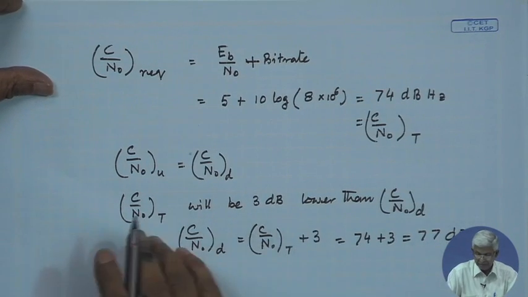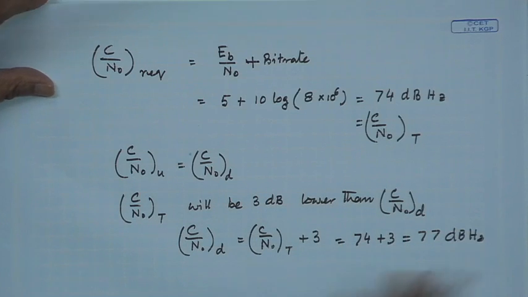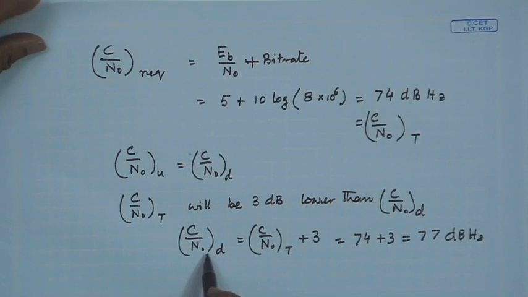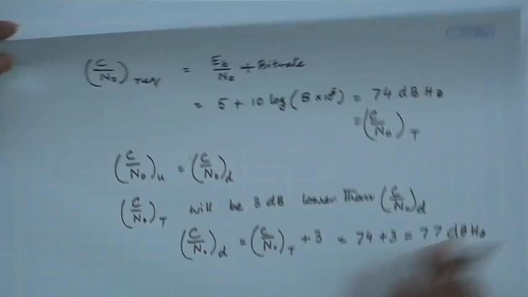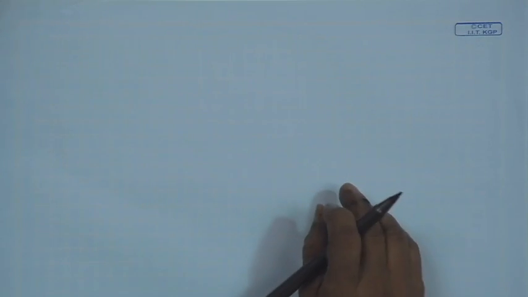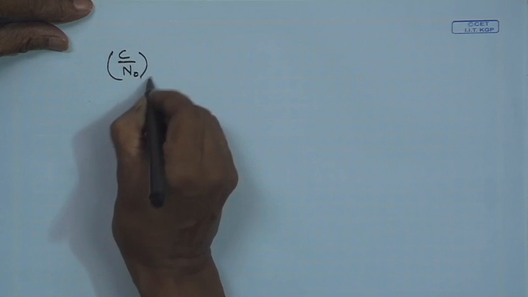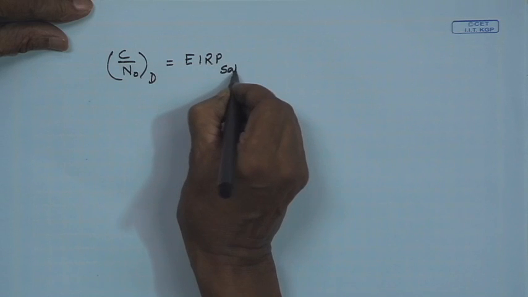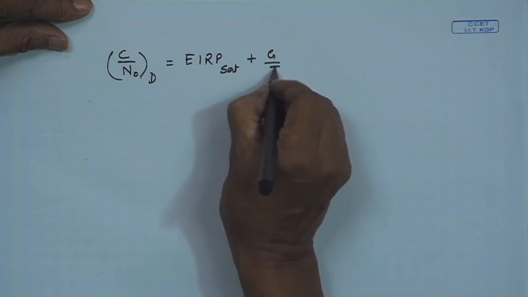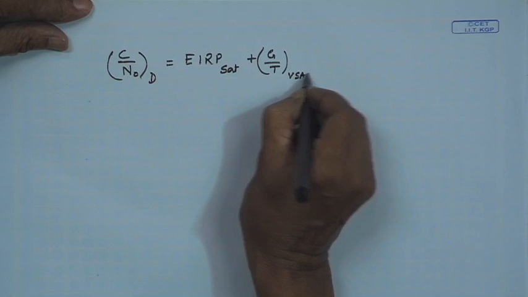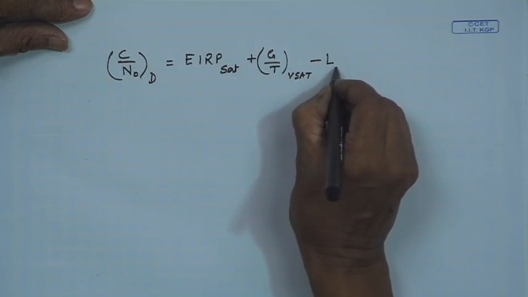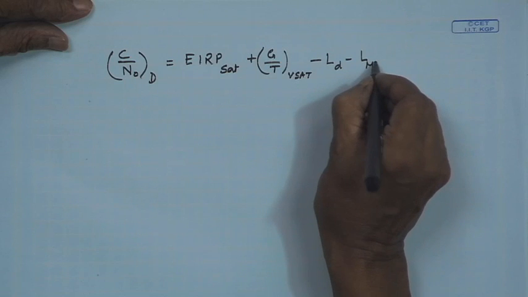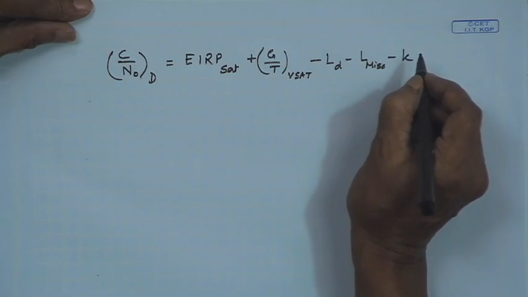You have understood the way we calculate. So we come to know now what is the C by N naught down. So one side link is known, and since the other parameters of that link are known, we can find out what is the EIRP from the satellite. So now in the downlink, C by N naught down is EIRP from the satellite plus G by T of the VSAT minus path loss in the downlink, minus miscellaneous loss, minus K, that is Boltzmann constant.